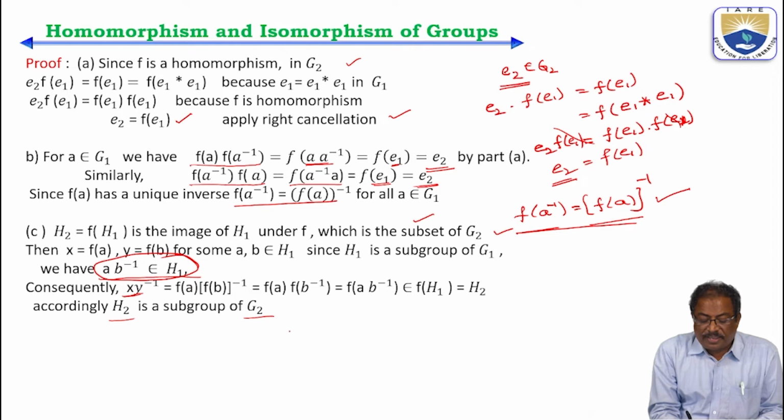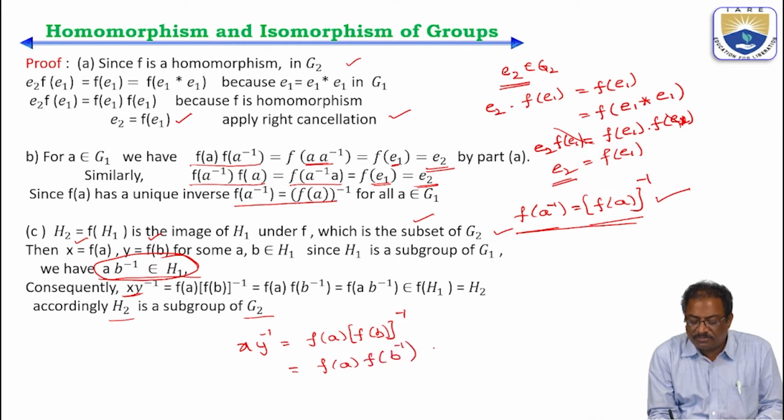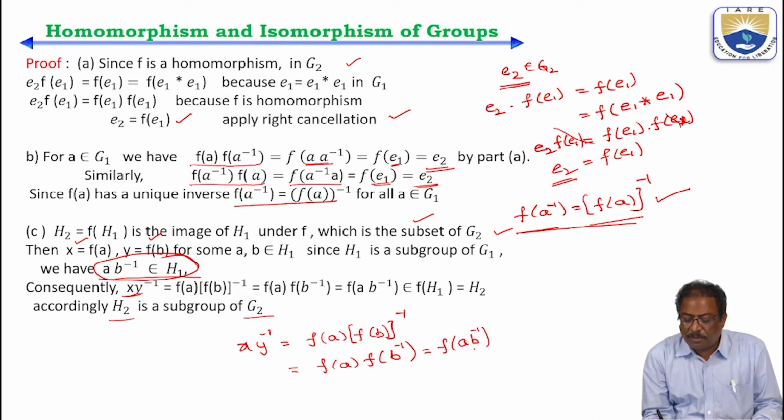Now, let us go for XY inverse. What is X? X is an element, see here, we are just considering one element in that. So from the above, X is equal to f of A, Y is equal to f of B. So I am writing it as f of A and f of B whole inverse. Now this is f of A, and by the above result, this is f of B inverse. Now by applying the homomorphism, we get this.